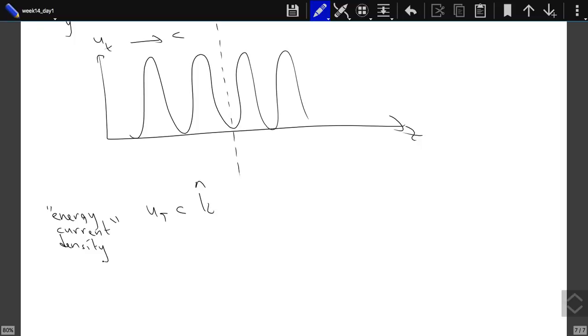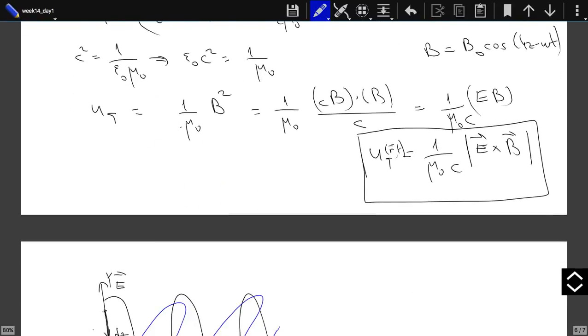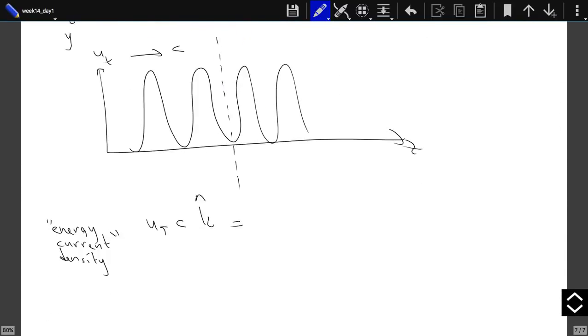Energy is flowing, and anything that flows is basically a current. So this is the energy current. It's not the charge current, it's the energy current, and its density is equal to 1 over mu 0 c, E cross B, times c in the direction k.